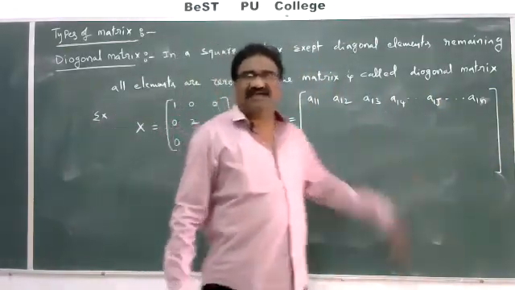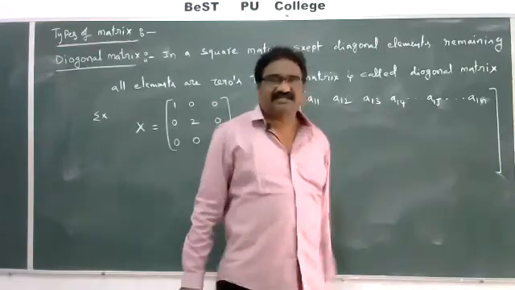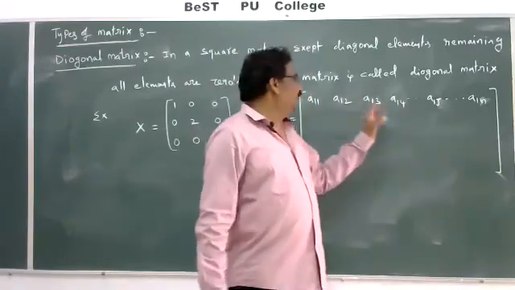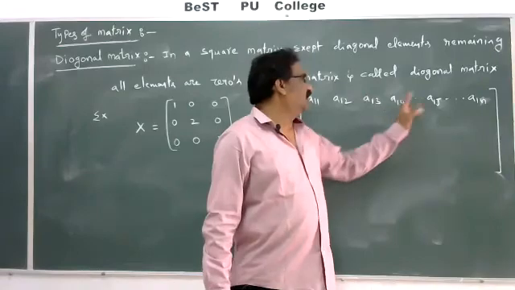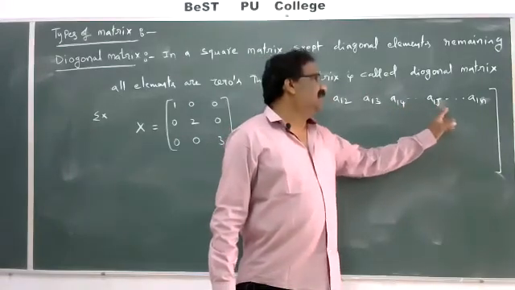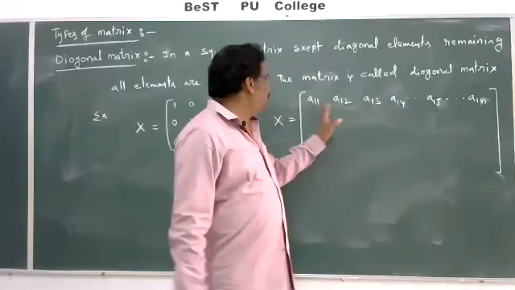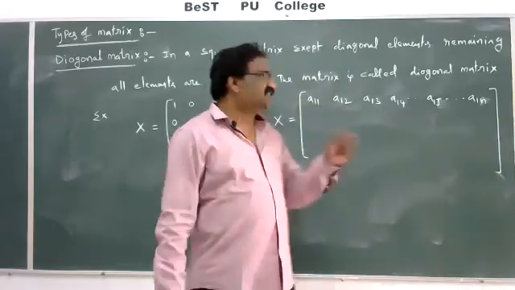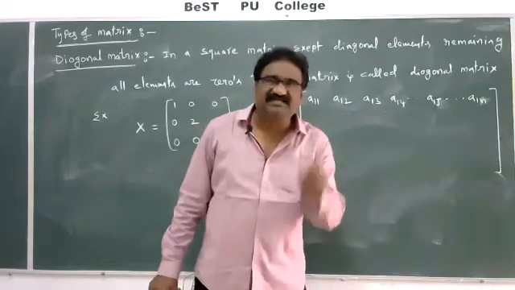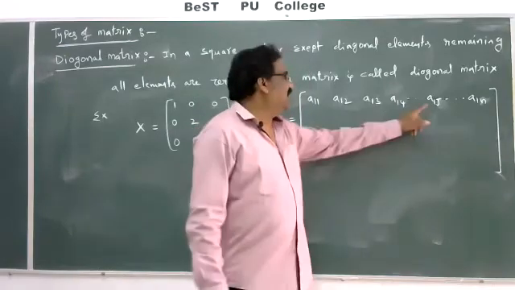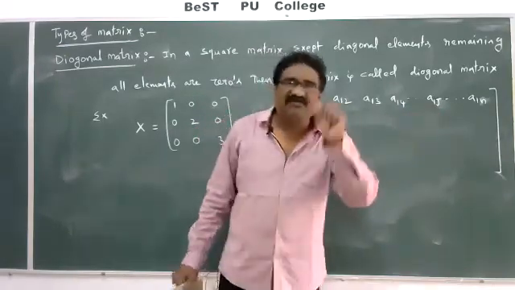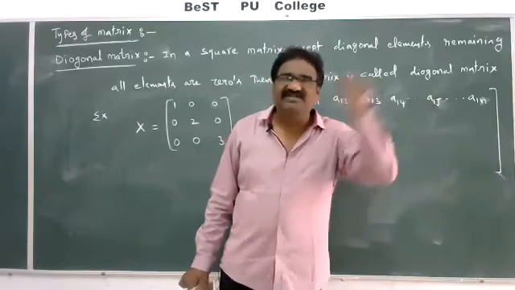That is, this matrix has n columns: first column, second column, and so on, jth column, and so on, nth column in the first row. So A11 means first row, first column. A1j means the position of that element is first row and jth column.